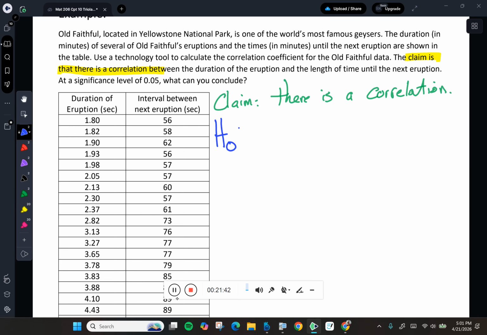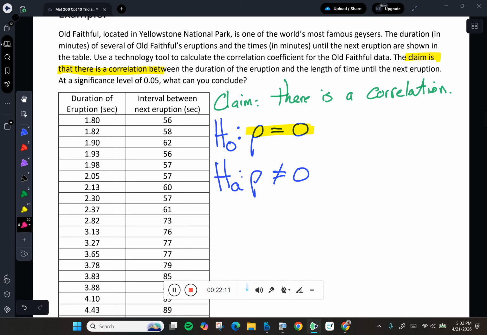The null hypothesis is always that rho is equal to 0. The alternate hypothesis is that rho is not equal to 0. Remember, rho is our population correlation coefficient. So saying that rho is equal to 0 would say that there is no correlation.